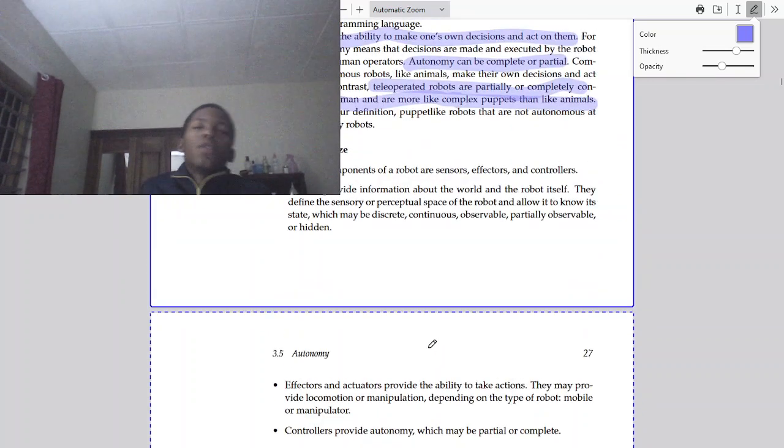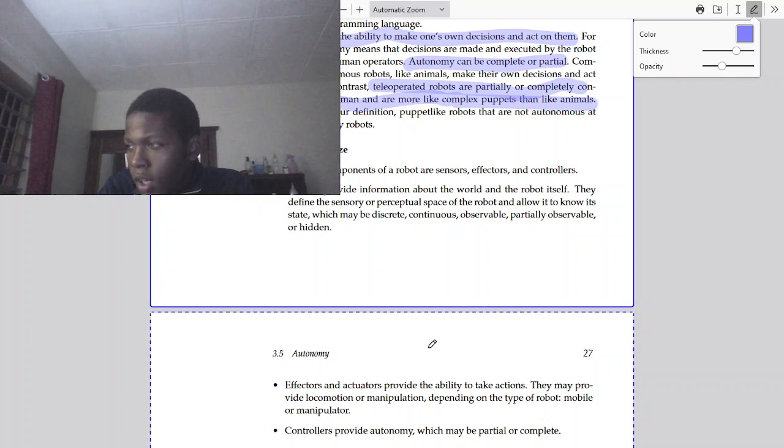So what did I learn? I learned about the sensors of the robot and how the robot is able to define itself and the environment around it. It does that with states.